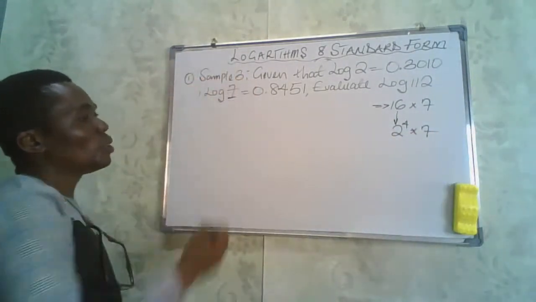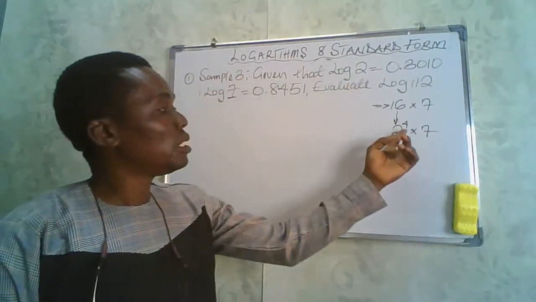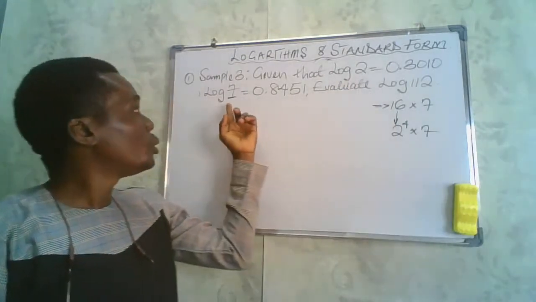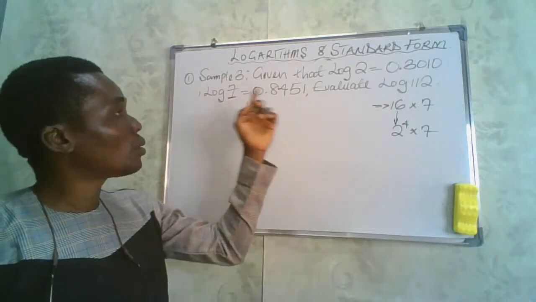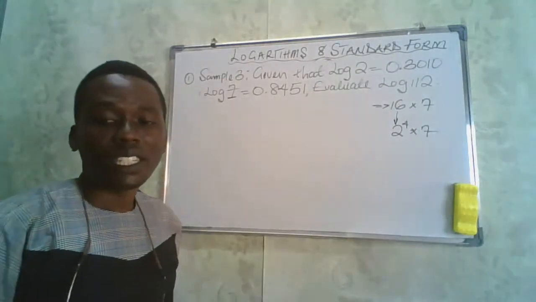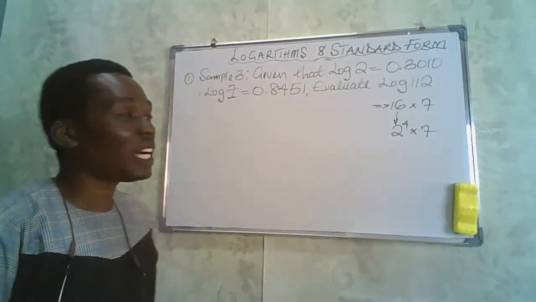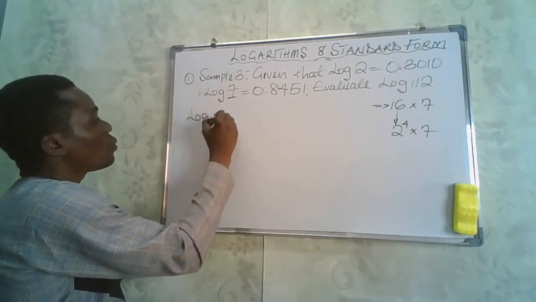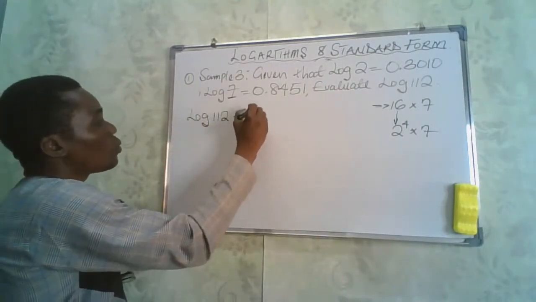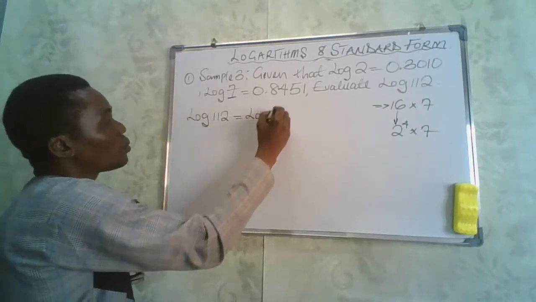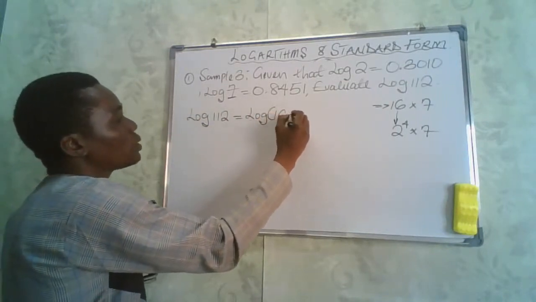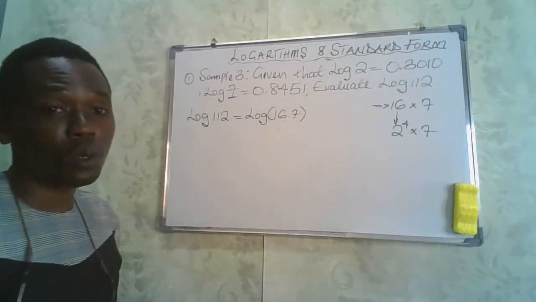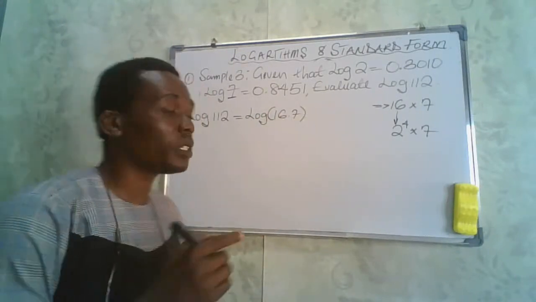So that means we can still use this because we have the base of 2, and we can use this because we have a value of log 7. So that simply tells us that log of 112 can be equal to the log of 16 multiplied by 7. I remember the product rule of logarithm.